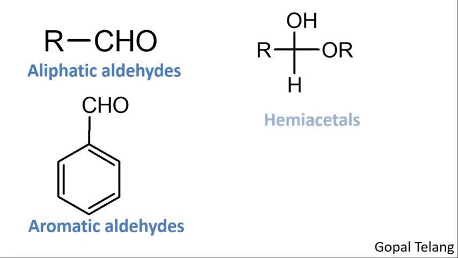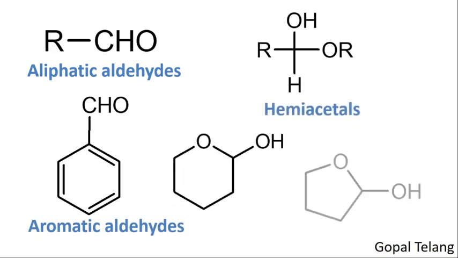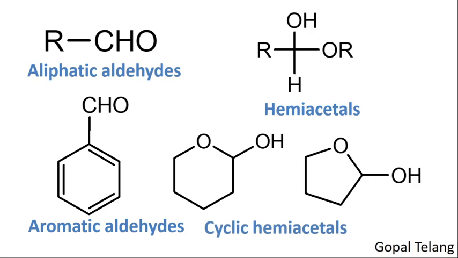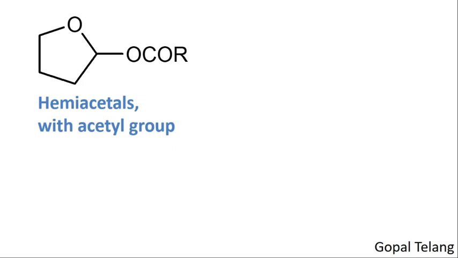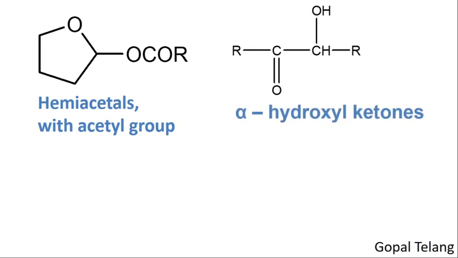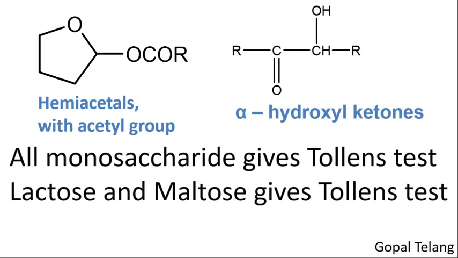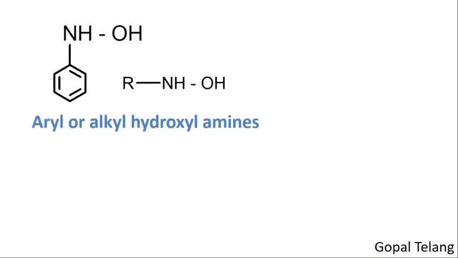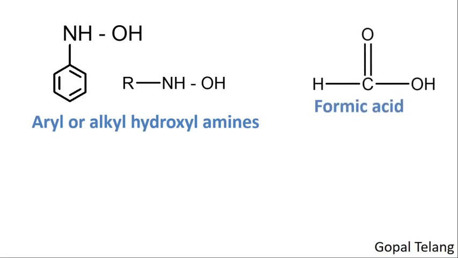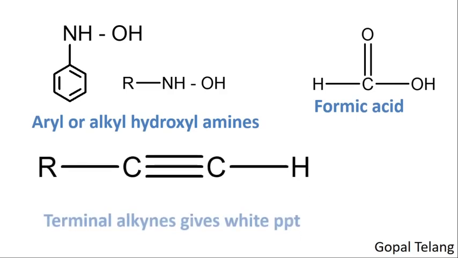Also cyclic hemiacetals, hemiacetals in which the hydrogen is not replaced with an acetyl group, or alpha hydroxyketones, all monosaccharides, some disaccharides, for example lactose and maltose, alkyl or aryl hydroxylamines, the only carboxylic acid, formic acid, and the terminal alkynes.